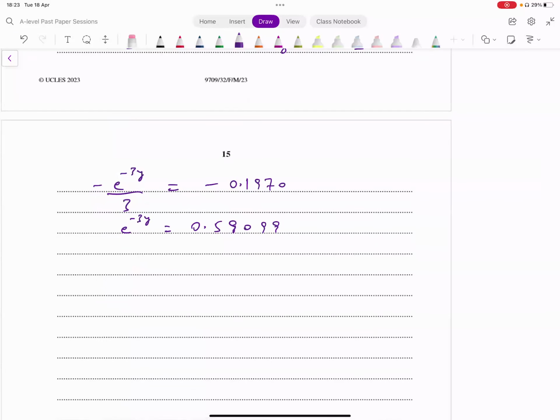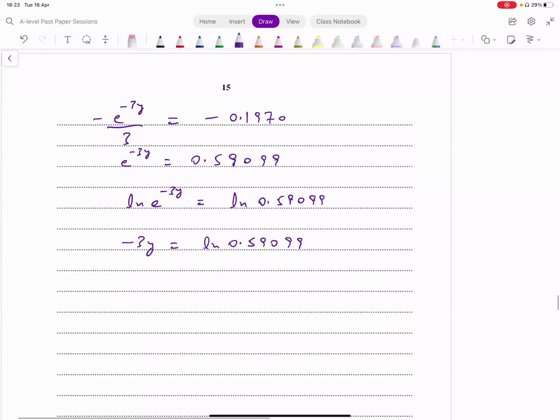What do we do? Take the log on both sides. Since y is in the power, we have to take ln on both sides. ln e raised to power minus 3y equals ln of 0.59099. Minus 3y comes down. Minus 3y equals ln of 0.59099.